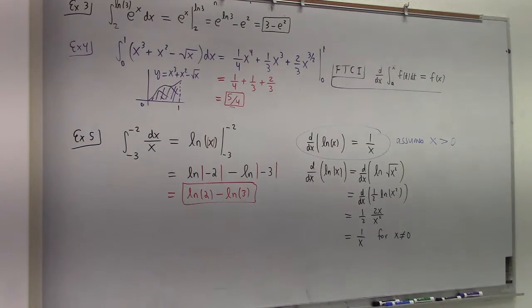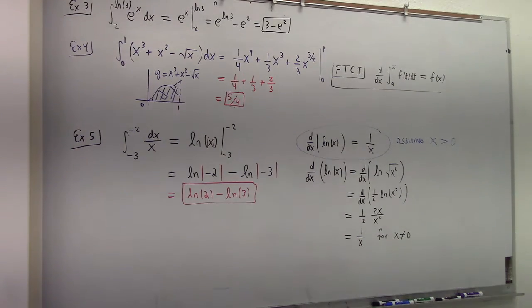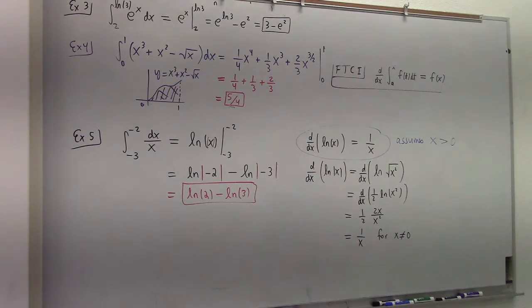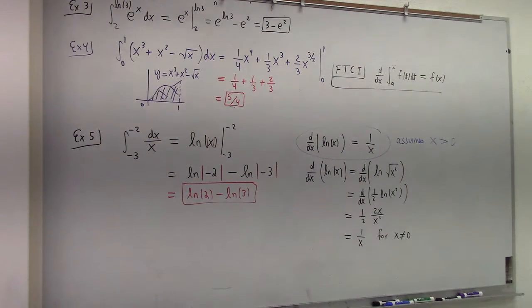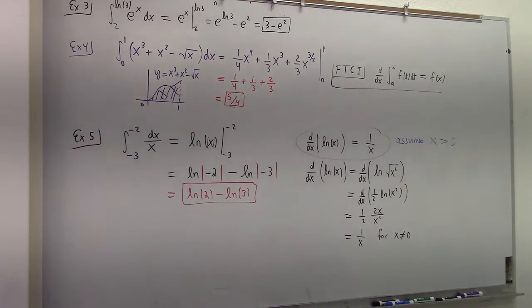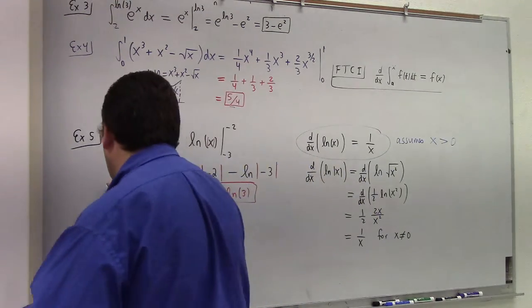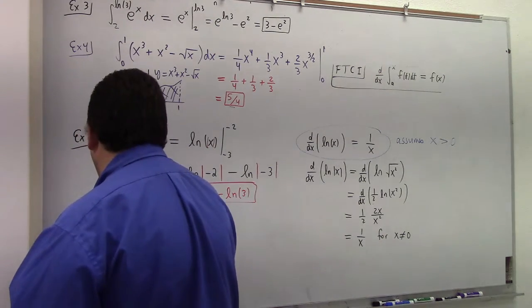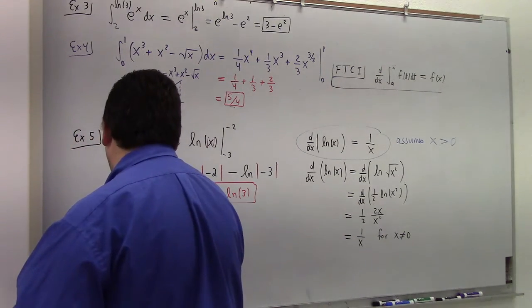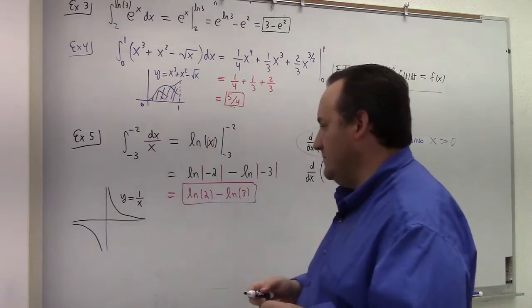And that answer is negative because the natural log of 2 is not as large as the natural log of 3. Does it make sense for our answer to be negative here? Why? What are we calculating? Let me point out what we're calculating. This is the graph of y equals 1 over x, right? It's a hyperbola, actually, rotated a bit.